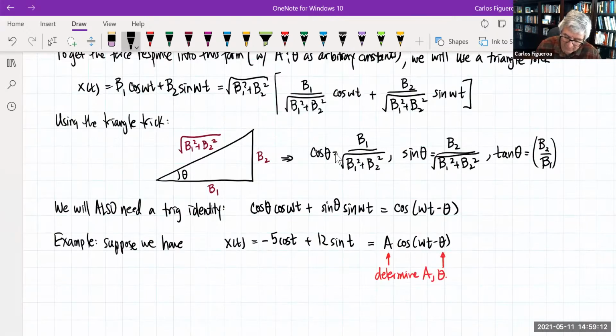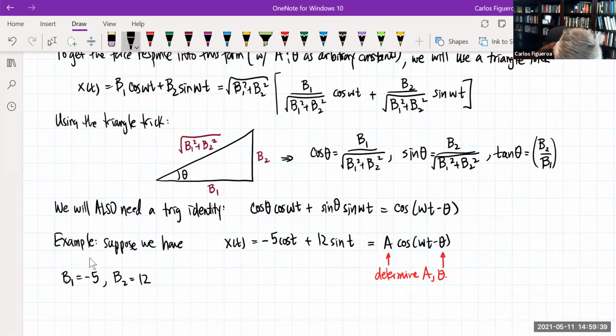Well, I'm going to look at these relationships here. It doesn't really matter how I choose these, but let's say B1 is minus 5 and B2 is going to be 12.